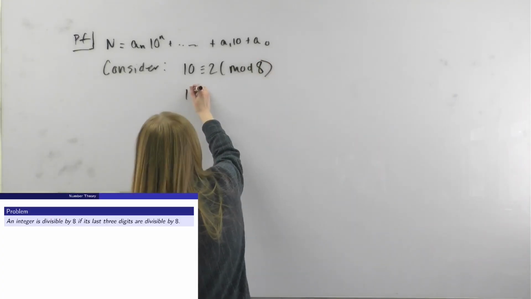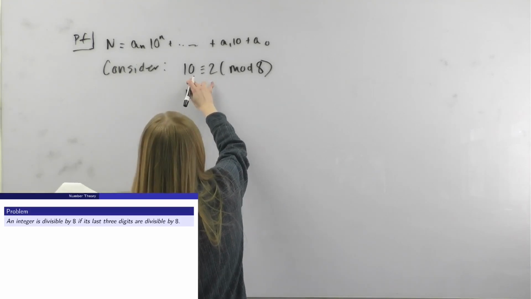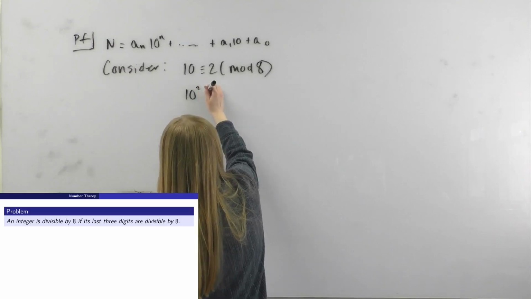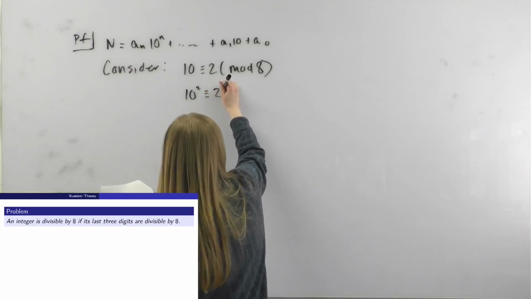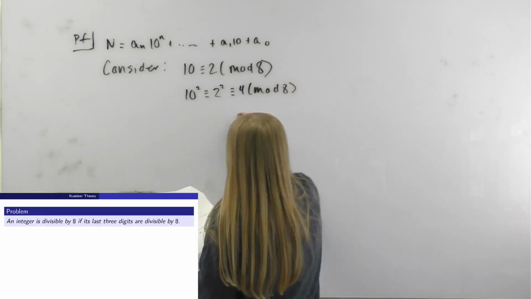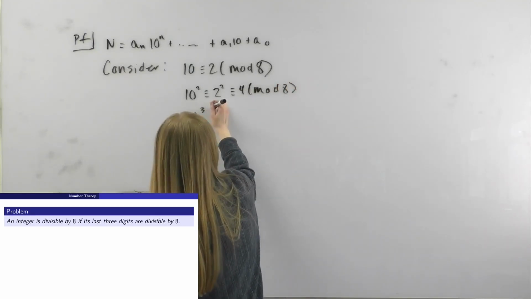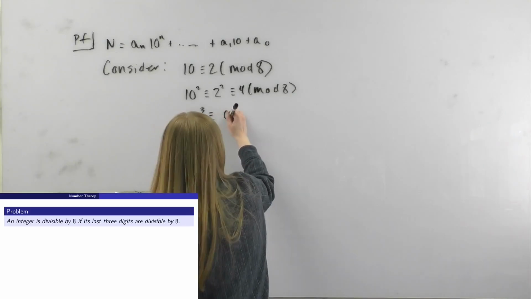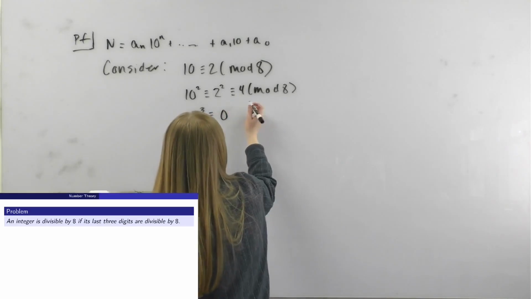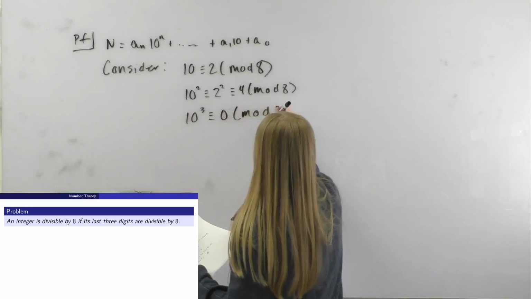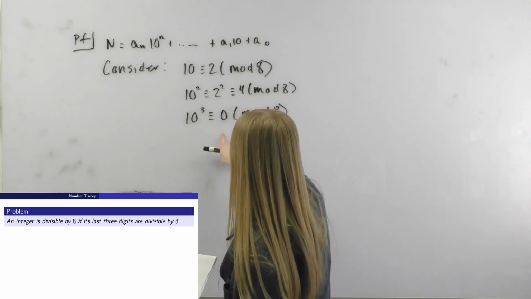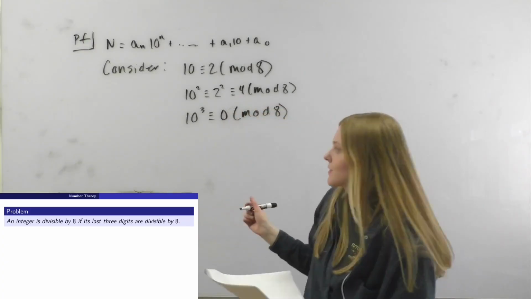Okay, so then we can raise both sides to a power. So we know 10 squared is congruent to 2 squared, which is congruent to 4 mod 8. We can do it again, but once we get 10 to the 3, we get 0 mod 8, because 2 cubed is 8. Does everyone see that? Okay, cool.